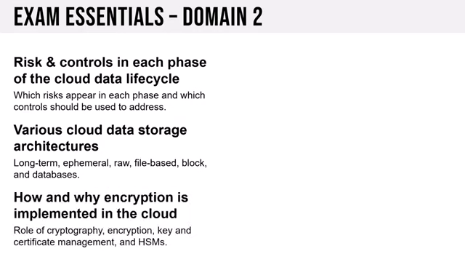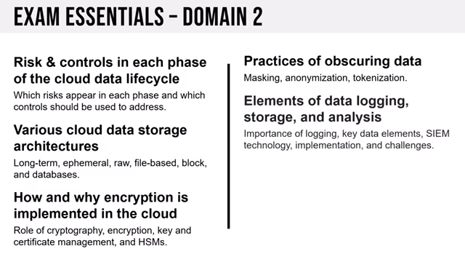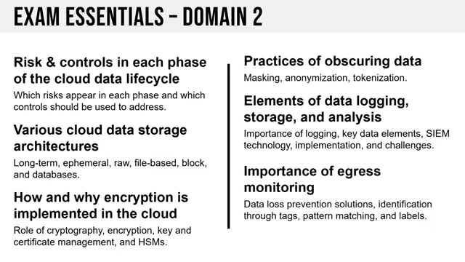How and why encryption is implemented in the cloud, the role of cryptography, encryption, key and certificate management, HSM, practices of obscuring data, masking, anonymization, tokenization, and a few others. Elements of data logging, storage, and analysis, and the importance in the data lifecycle, as well as the importance of egress monitoring.